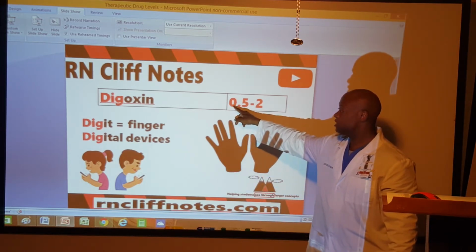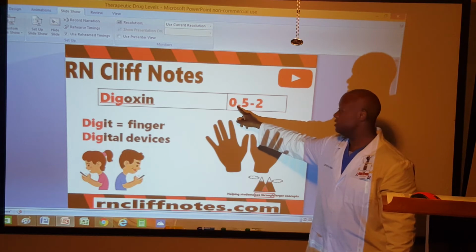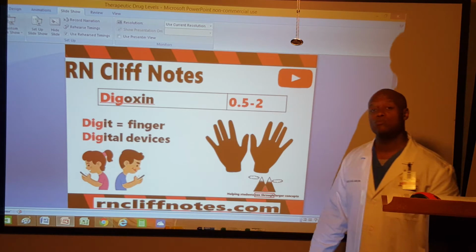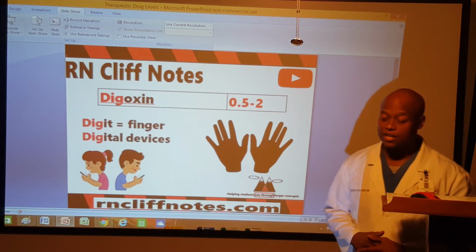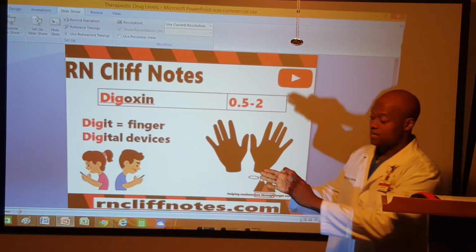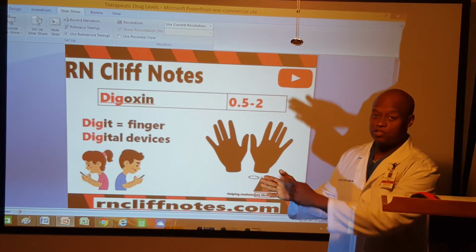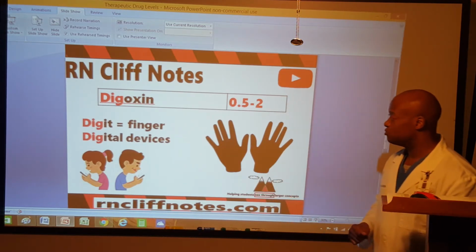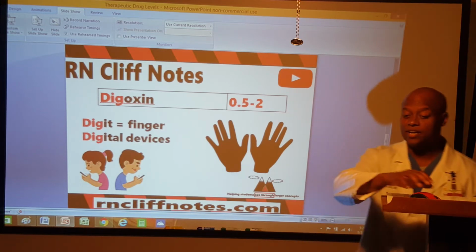So starting with just the fingers on one hand, 0.5 to 2. That's not your whole hand, it's just the fingers, which would be 0.5, half of the hand, to 2. Study smart. Moving on.